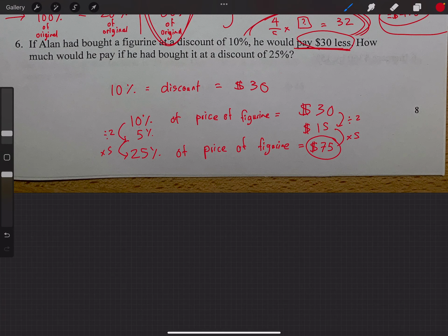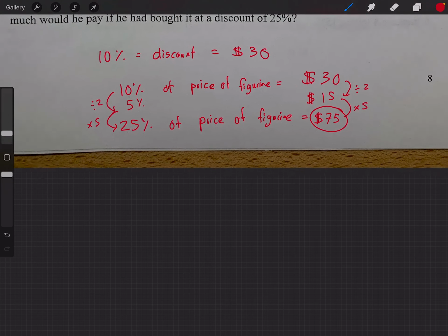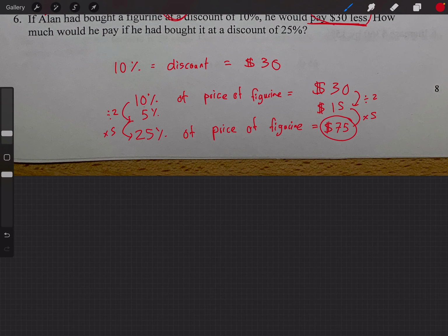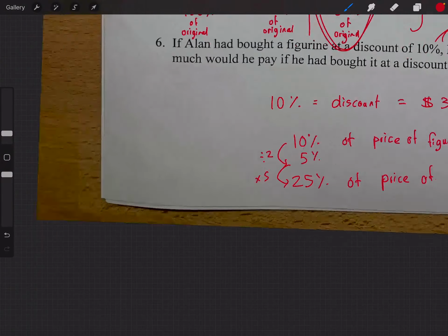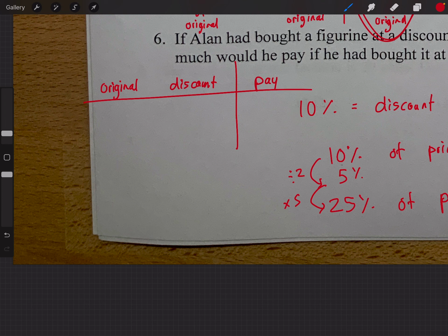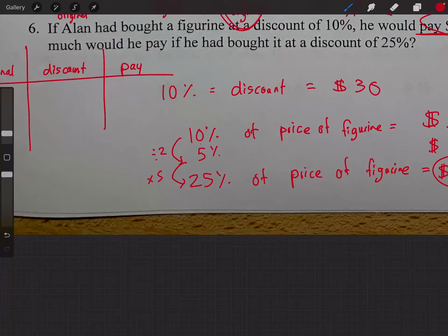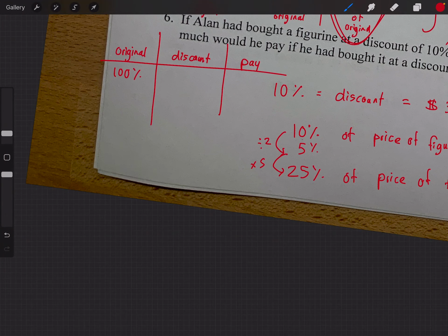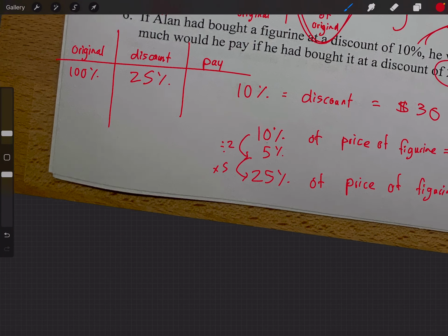Says how much would he pay if he had bought it at a discount of 25%? Okay, so 25% is how much he gets a discount for. Now let's think about it this way. The original price, the discount, and how much they pay for it. The original price is 100%. The discount, if he had bought at a 25% discount, how much does he pay?